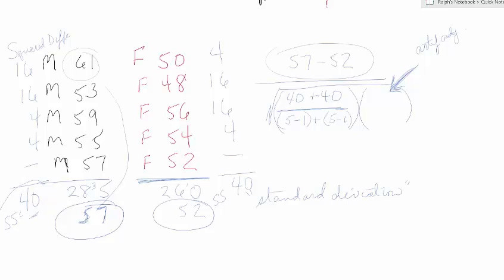And this is what it looks like. N plus N over N times N. So in this case, it would be 5 plus 5 over 5 times 5.